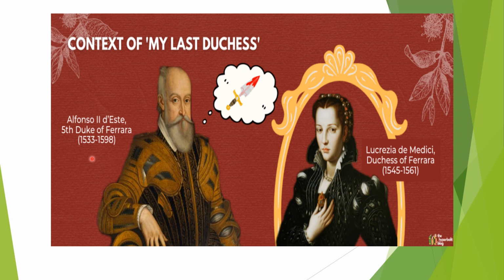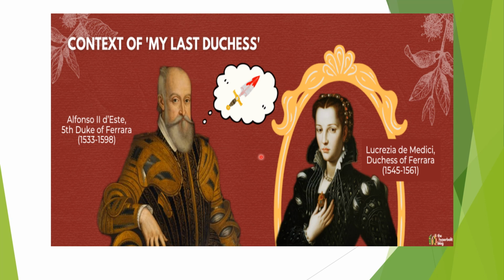He was the Duke, and he married a very young girl, a teenage 14-year-old girl, Lucrezia de Medici, Duchess of Ferrara, 1545 to 1561. So at the age of 14 years, he married her, and then after 3 years, he killed her. Means she died in a suspicious manner. They say she was poisoned, and the reasons you all know it.